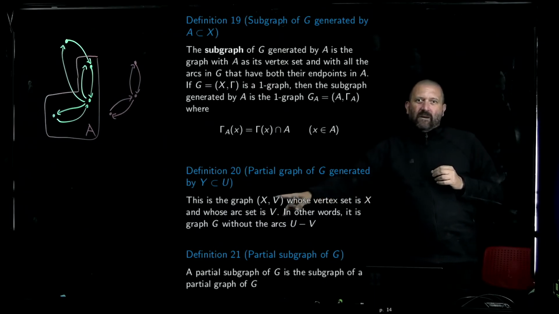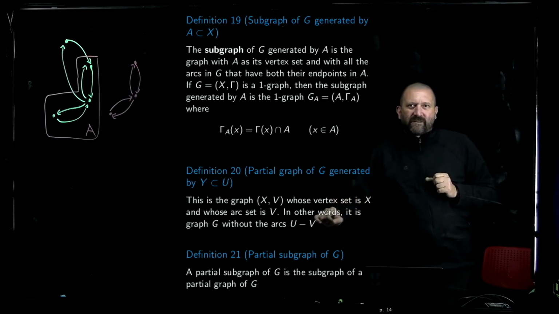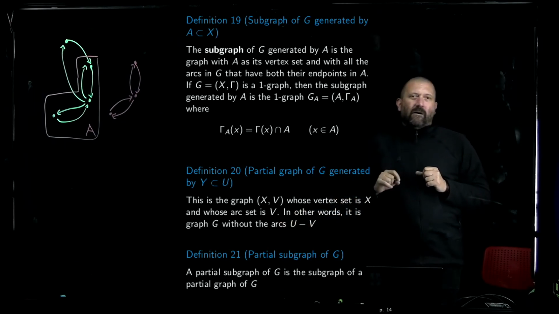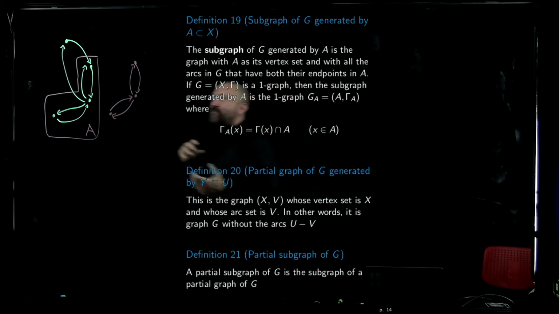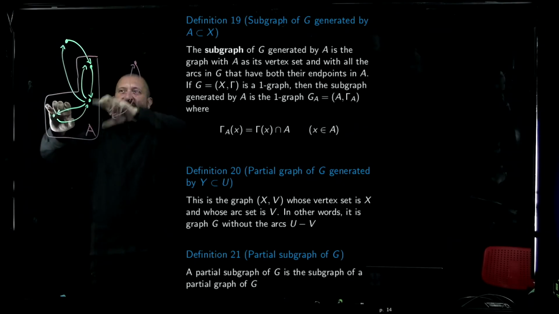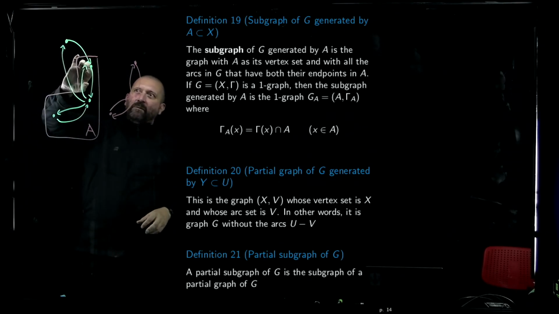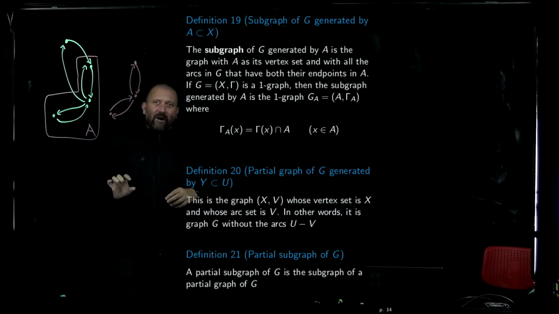If I take a graph in which I have the arcs that belong to a set V, then here I would get the same graph if I said what I want to do is keep those two pairs of arcs. But I can think of them that way also.